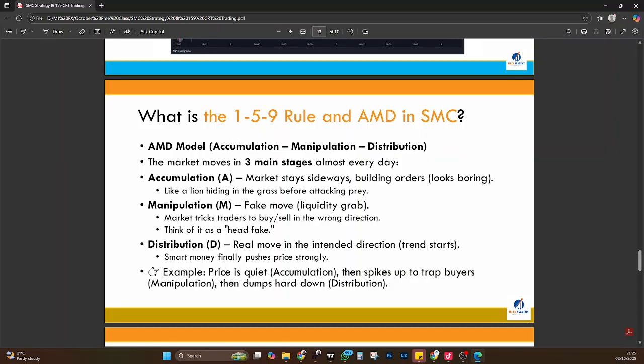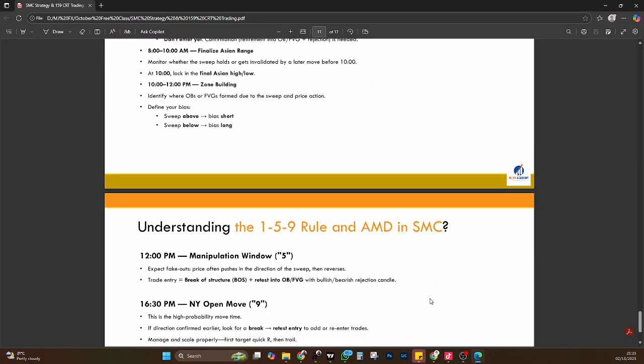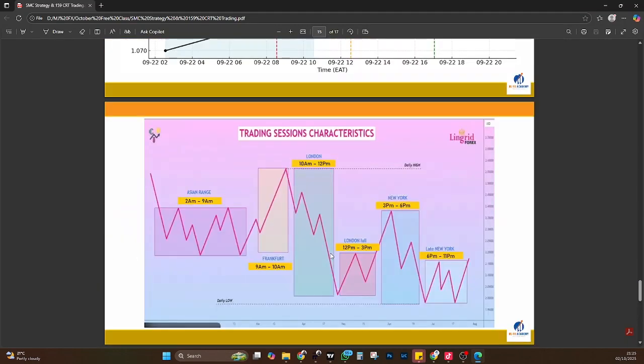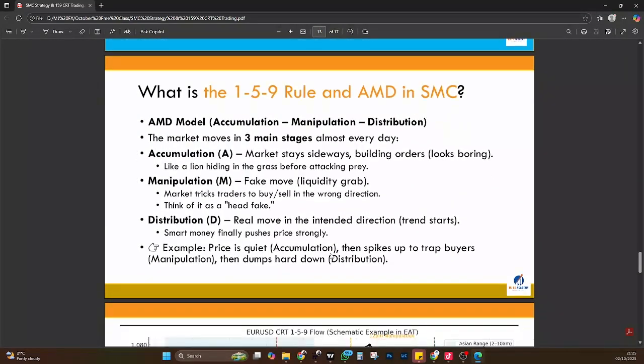This is the CRT. I saw someone who was trading CRT. I want to connect CRT with SMC and show you a very easy trading model. How long is this? Okay, if you want me to continue with this, nionyeshe, nimebakisha kama 5 slides. Thumbs up if you want us to continue with this, or we can do this maybe another day.